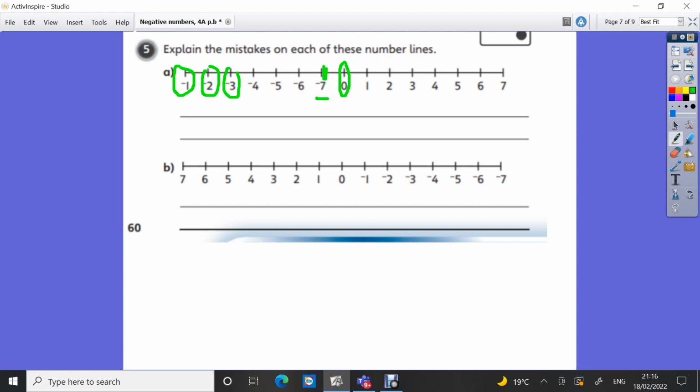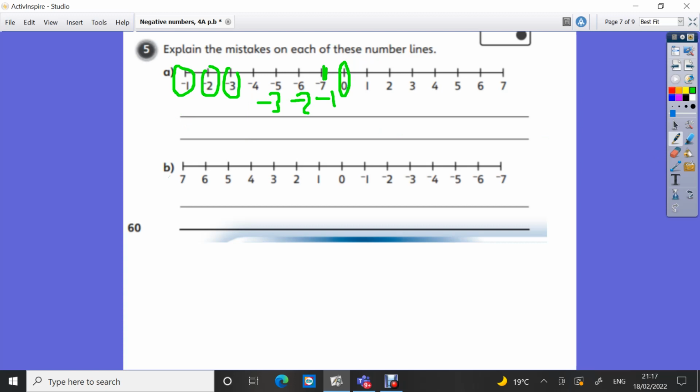Here should be -1, right? And then -2, and then -3. So this is the mistake, that on the number line after 0, -1 should be there in place of -7, and then -2, and then -3. So you have to explain here in your own words.